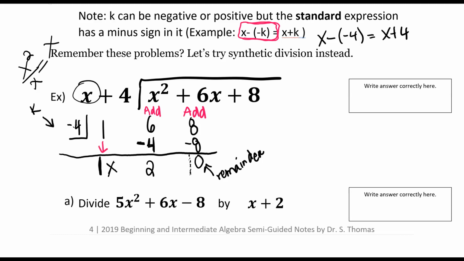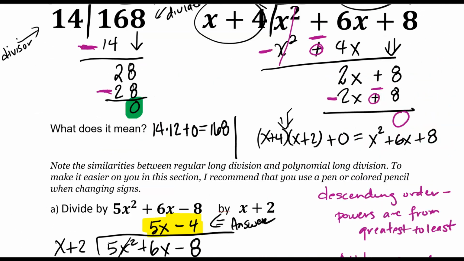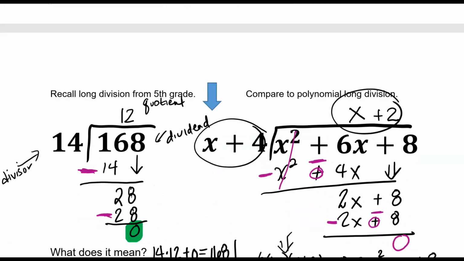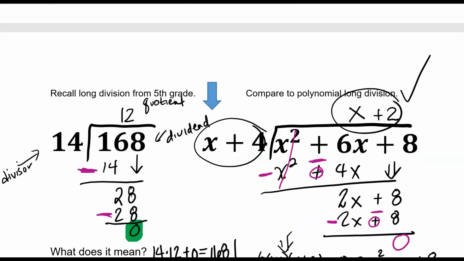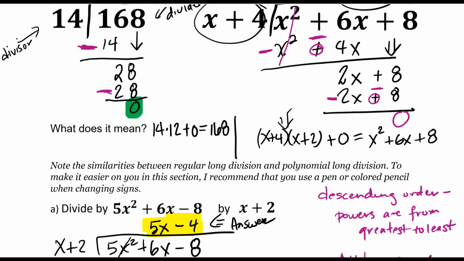So that would be 1. And of course, after x to the first power, you always have a constant. So that's why we'll just put a plus sign, plus 2. No need to write a variable with that since we know it's a constant. So our answer is x plus 2. Now, if you go back to the beginning of the lesson, you'll see that we already worked that problem out, but we used long division instead of synthetic division.